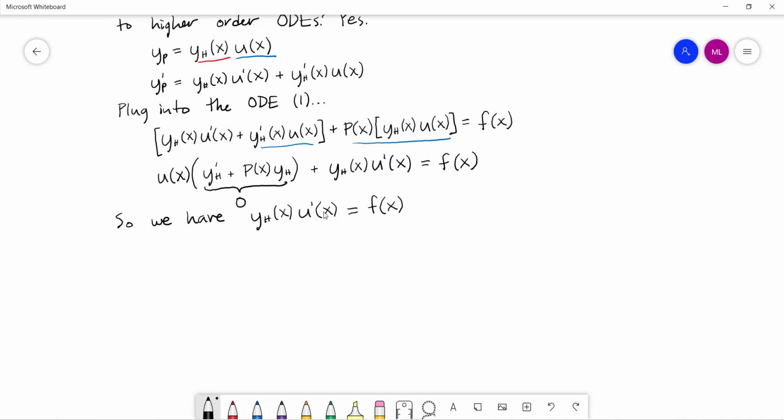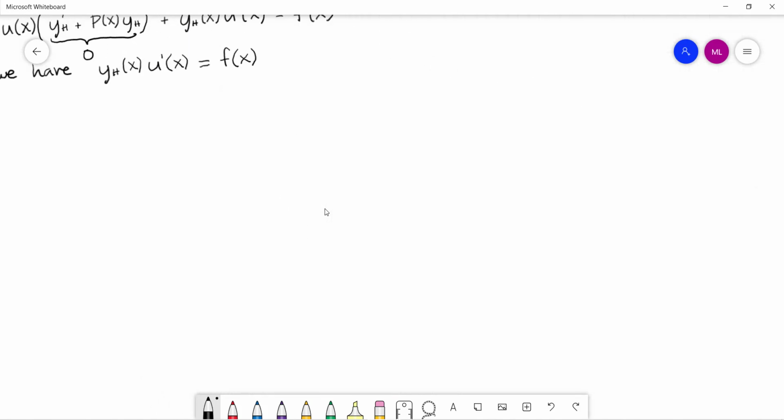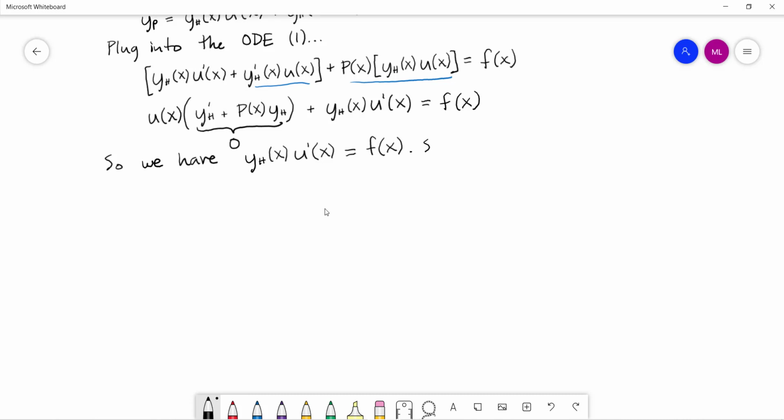So let's try to solve for the u term. It's going to become a differential equation for u. Right now it's u prime, but it's going to be a separable differential equation. So let's write it all the way out.